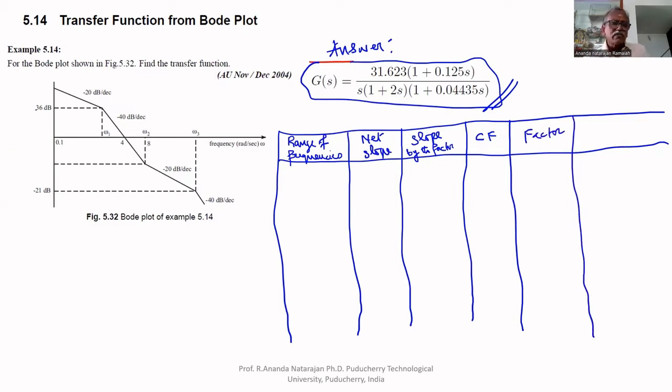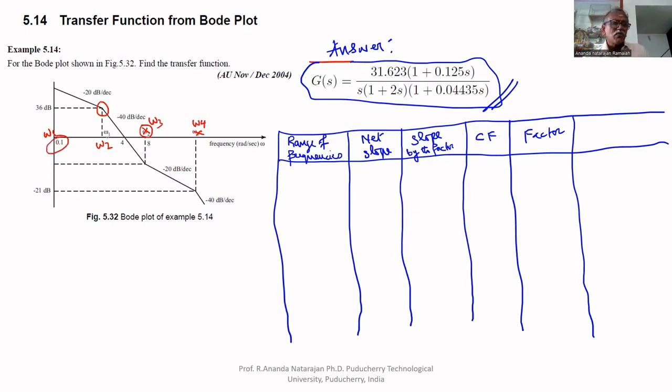The range of frequency is, let us call, this is omega 1. Here, another corner frequency, that is omega 2. This is another corner frequency, omega 3. This is omega 4. That's all. Here, the value is 0.1, it is given.